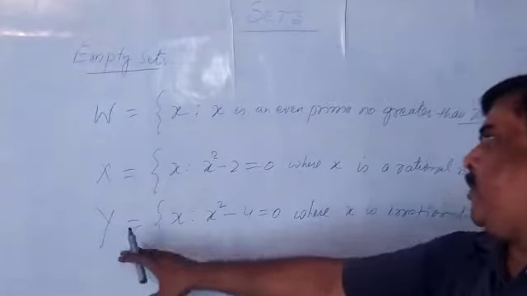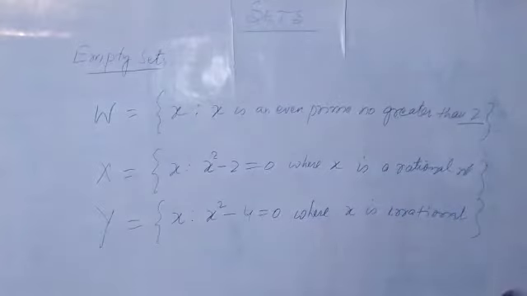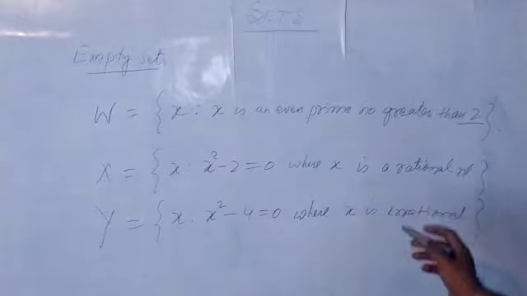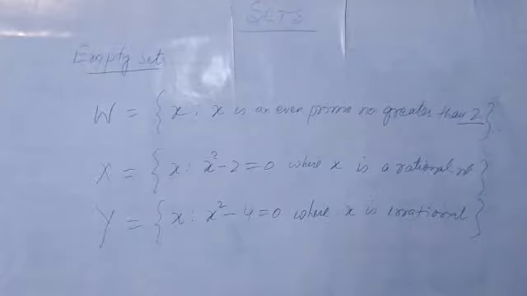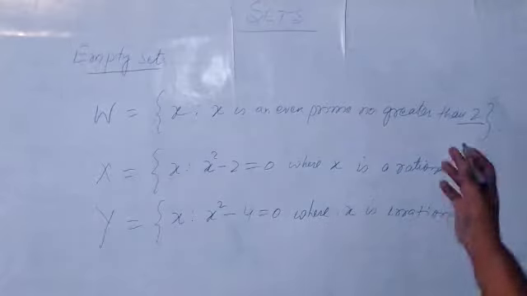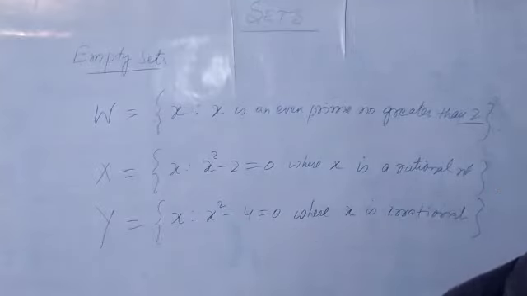Similarly, if we observe set Y, x square minus 4 equal to 0, it means x equals plus minus 2. Here x is irrational, which is not possible because we know that plus 2 and minus 2 are rational, not irrational. Okay, first you write down these examples.